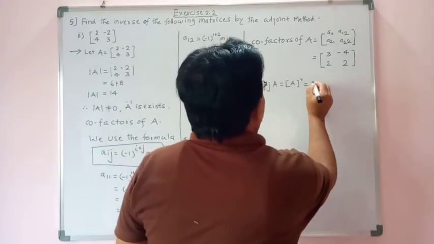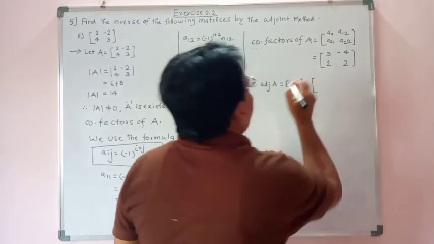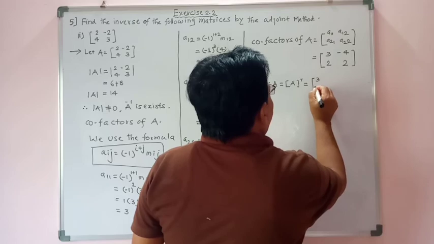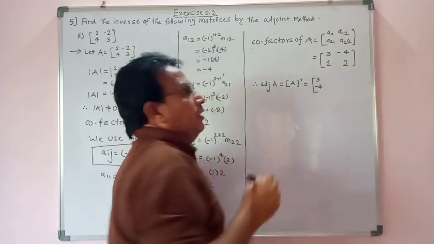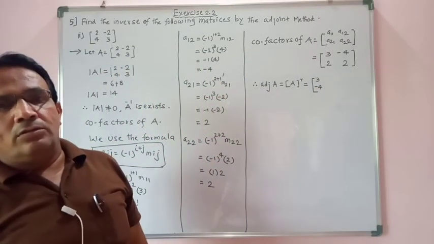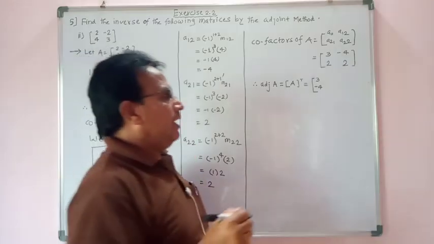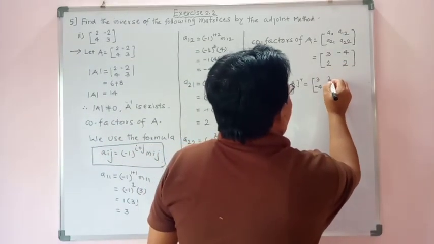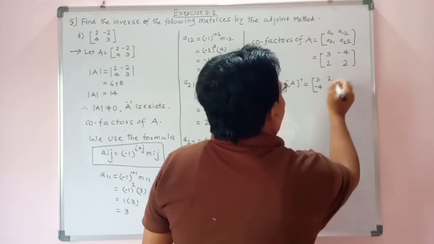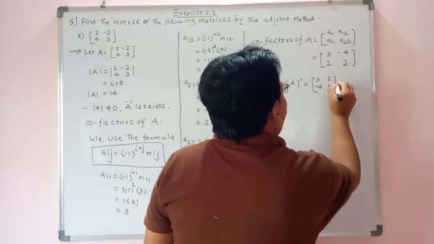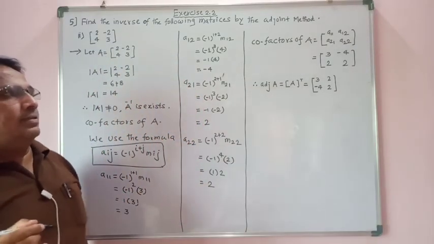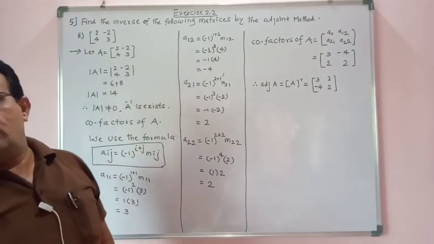Transpose means interchange rows and columns. We arrange 3, -4 as the first column, and 2, 2 as the second column. The value of adjoint A is [3, 2; -4, 2].